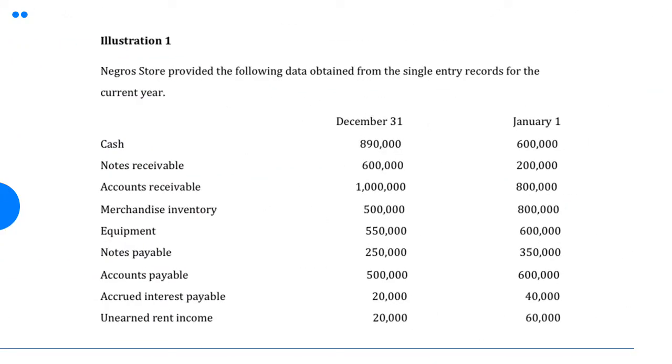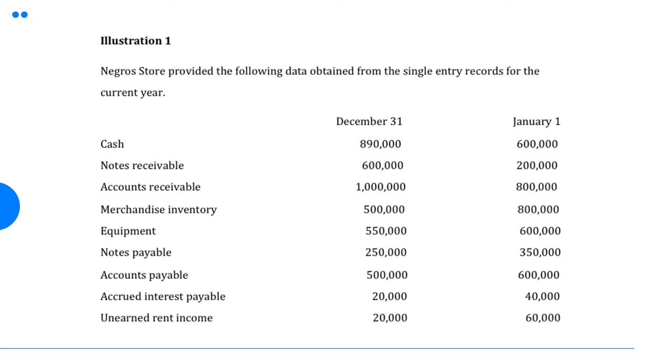For the first illustration, Negros Store provided the following data obtained from the single entry records for the current year. For December 31: cash 890,000, notes receivable 600,000, accounts receivable 1 million, merchandise inventory 500,000, equipment 550,000, notes payable 250,000, accounts payable 500,000, accrued interest payable 20,000, unearned rent income 20,000.